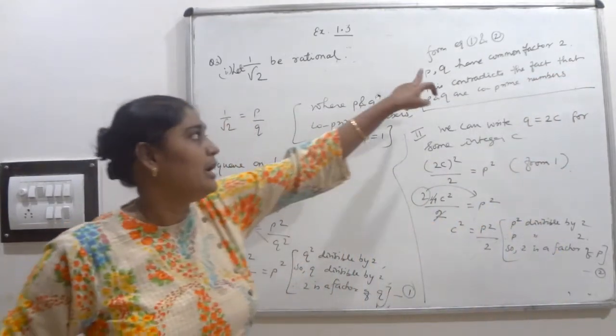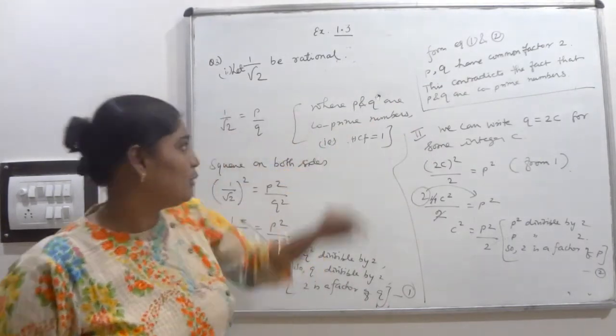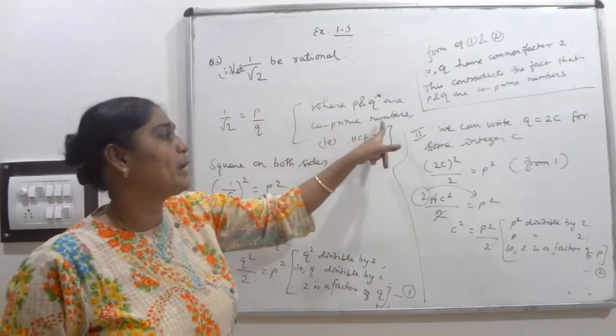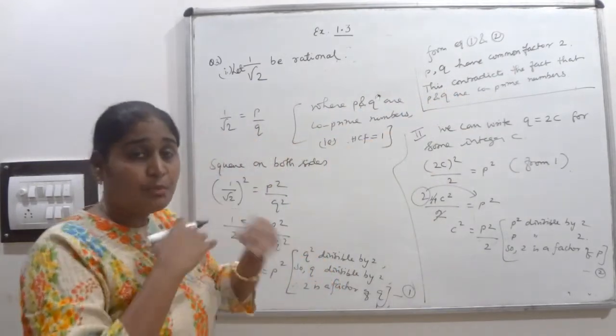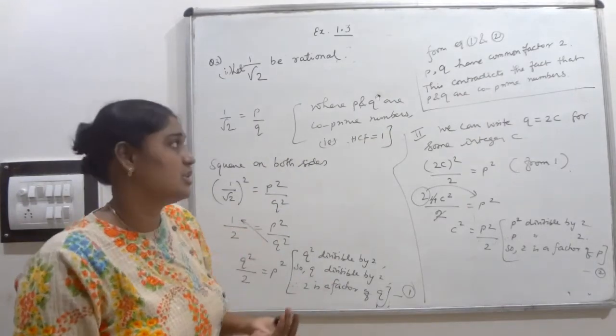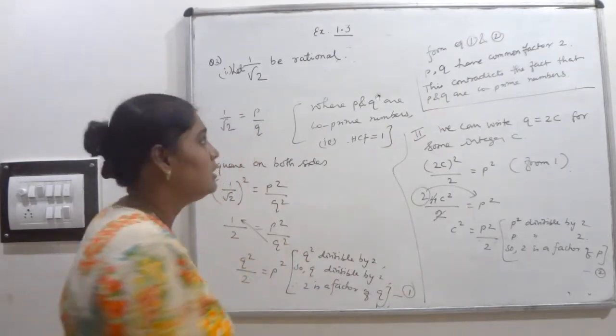See, P and Q have common factor 2. That means HCF is 2. But what I have assumed is that they are co-prime numbers. So I can write this contradiction. These two statements contradict each other. That's why this contradicts the fact that P and Q are co-prime numbers.